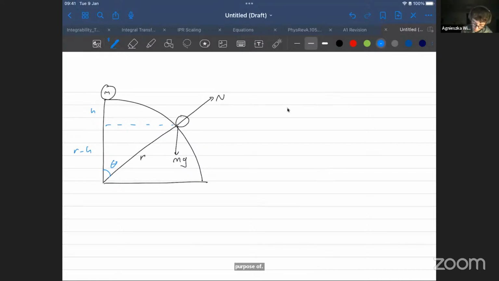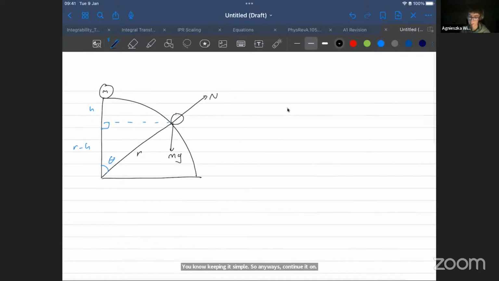Anyways, continuing on, this is what the diagram looks like, and the marble is going to leave the hemisphere when the normal reaction force is equal to 0. If the normal reaction force is equal to 0, then the only reason that you feel your weight at all is because the normal reaction of your floor isn't 0, right? So if the normal reaction force is equal to 0, that's when it's going to leave.